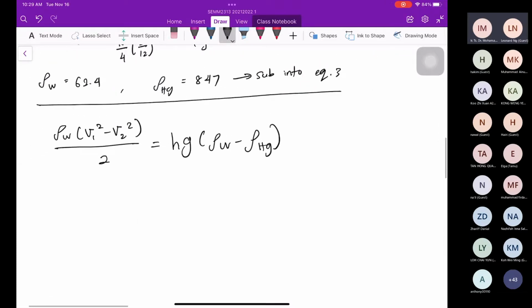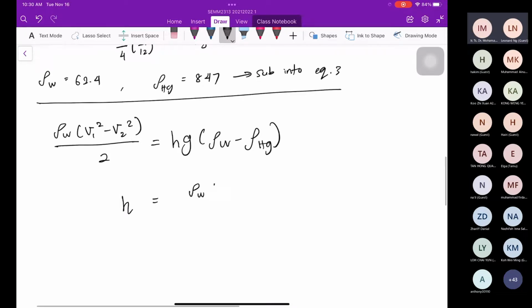In order for us to clearly substitute, better we make the H become the subject.